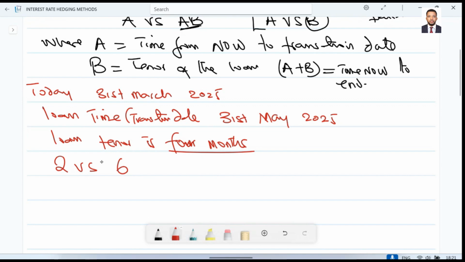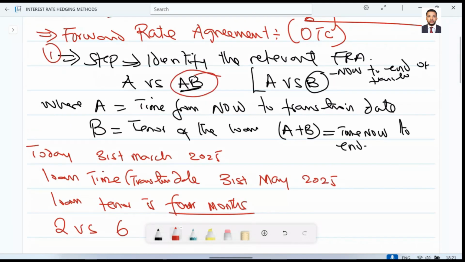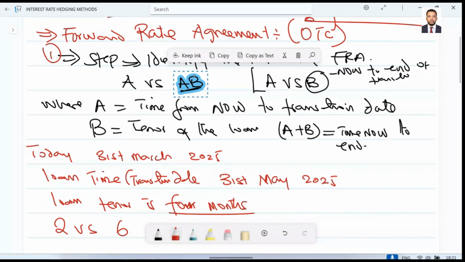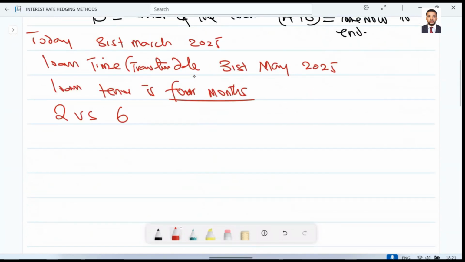This one here is the time from now till the end. So you can decide to break it to say time from now to transaction date, then time from transaction date till the end of that loan, which is still the same thing. Are we all clear? 2 versus 6 is correct. All right, so just one more and then we'll go into the next step.